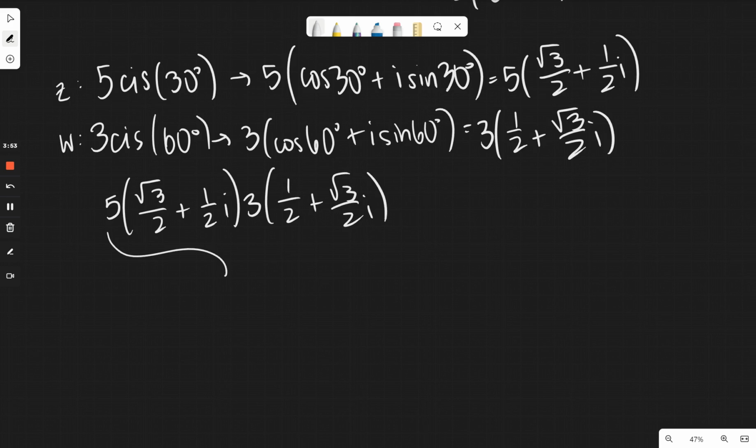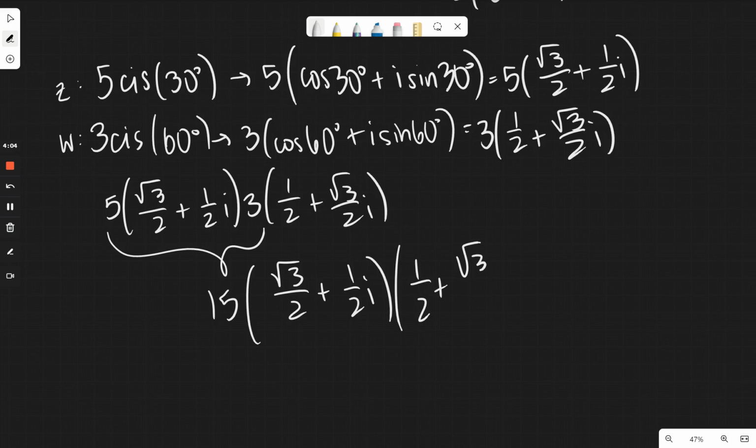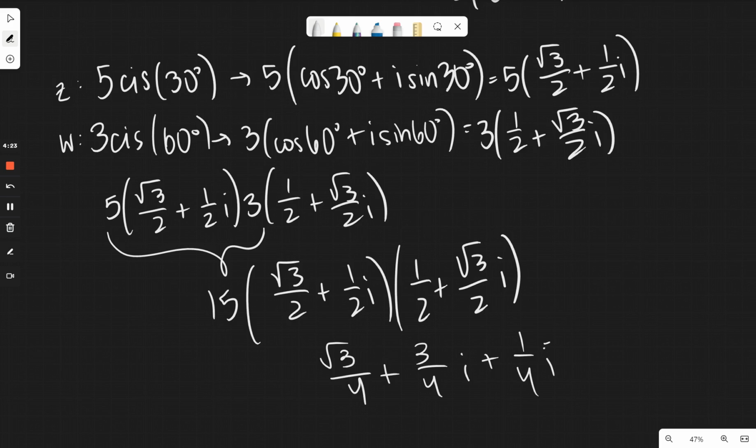So let's just focus on these two first. We can say this is 15 times the product of square root 3 over 2 plus 1/2 i times 1/2 plus square root of 3 over 2 i. And when you multiply these out, we get square root of 3 over 4 plus, this is square root of 3 over 2 times square root of 3 over 2, so 3/4 i, plus 1/4 i, and remember I'm just multiplying these two out, and then plus square root 3 over 4 i squared, which is minus square root 3 over 4.